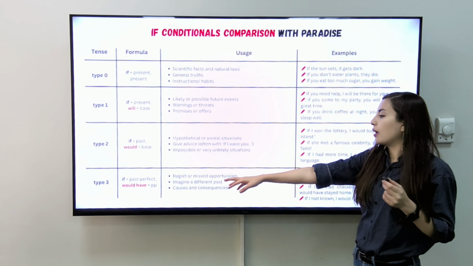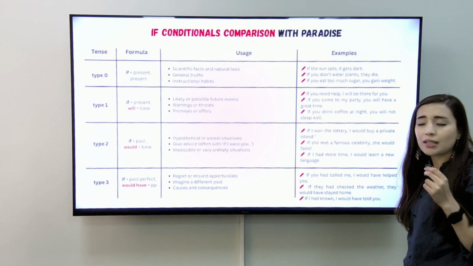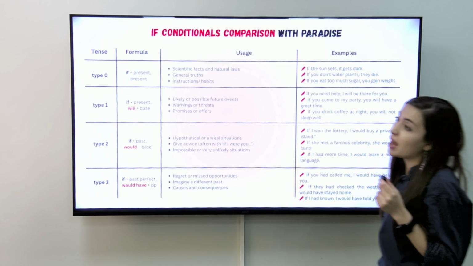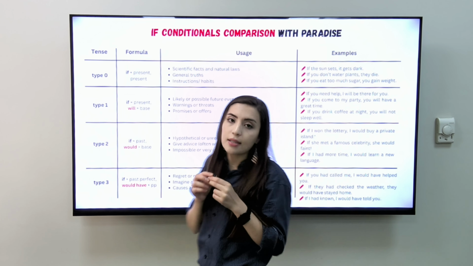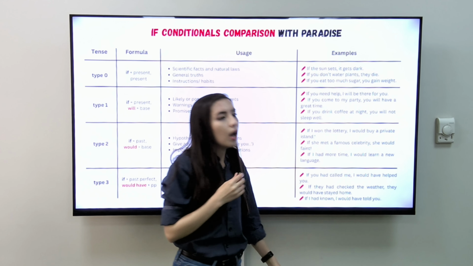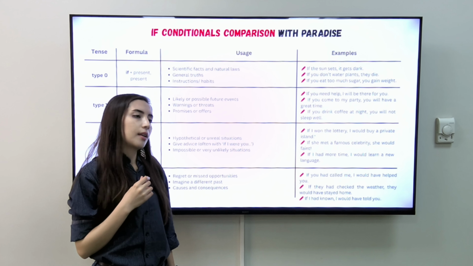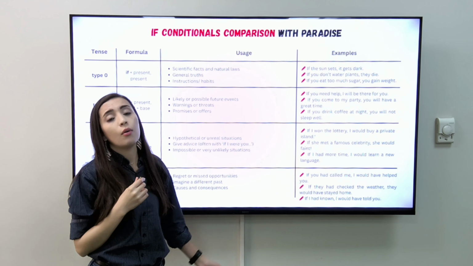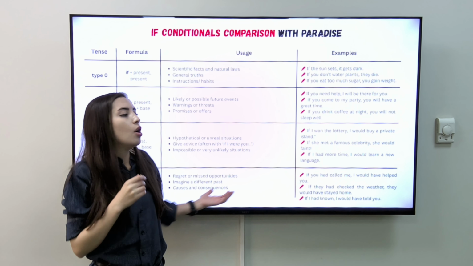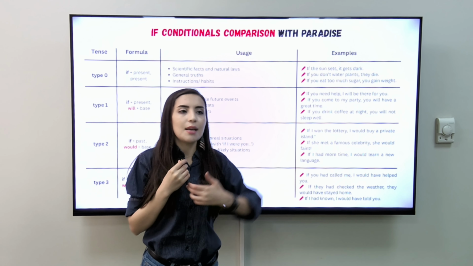Type 3. We are talking about missed opportunities and things that happened in the past, but I wish they were different, but they are not, unfortunately. If you had called me, I would have helped you. Did you call me? No. Can I help you? No, it was in the past. Right now, maybe I can help you, but it was in the past.